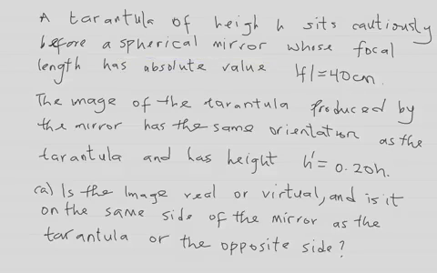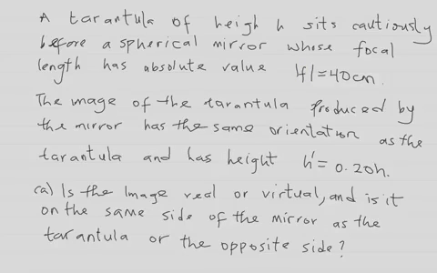The focal length has an absolute value of 40 centimeters. If it is concave, it's going to have a positive focal length. If it is convex, it will have a negative focal length. So this just gives us the absolute value, and we don't know whether this value is positive or negative from this question.